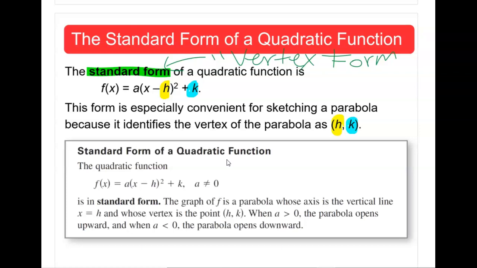We're going to say the same things about a, the leading coefficient. If a is positive, the parabola opens upward, and if a is negative, or less than 0, the parabola will open downward.